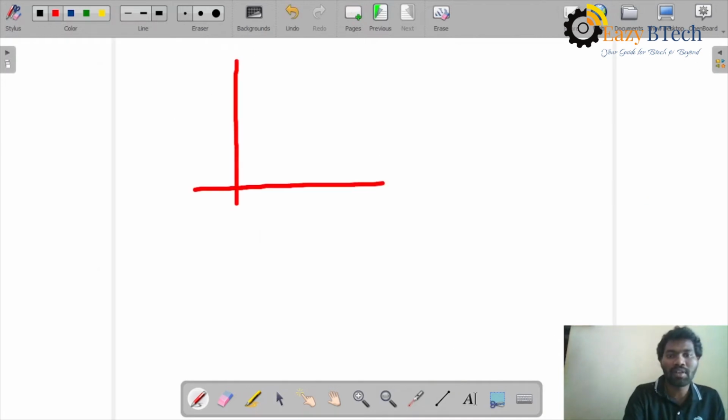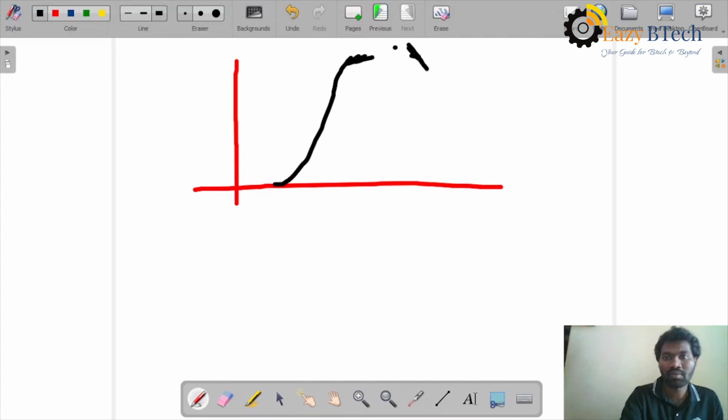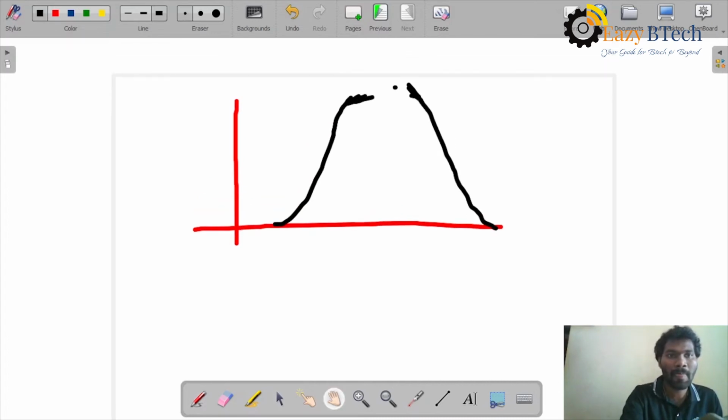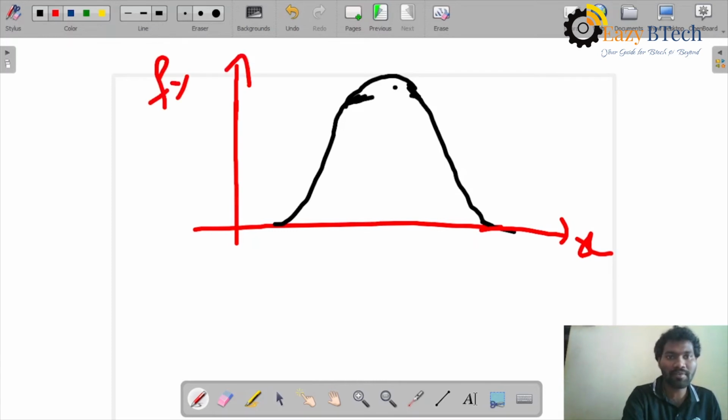Again I am going to write this: this axis is x, and this axis is fx of x.